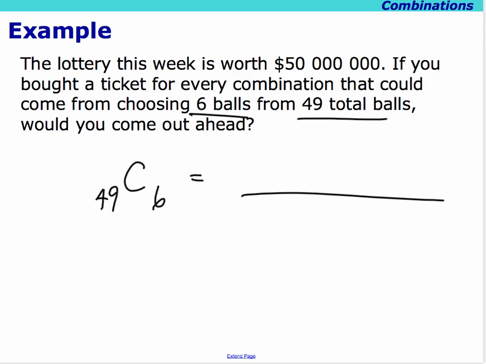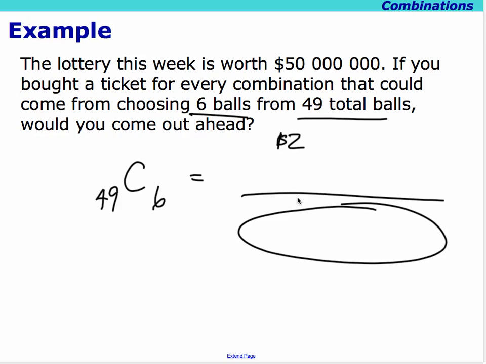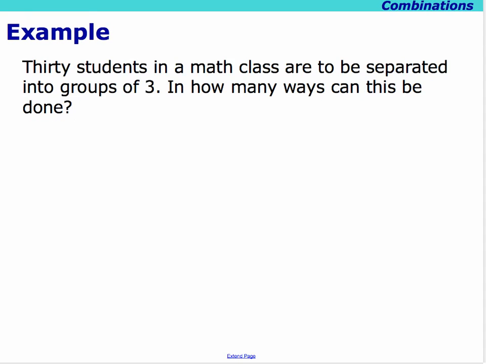And if your ticket costs $2 each, you do this on your calculator, then just times it by 2, and that'll tell you the total amount of money you'd have to spend in order to for sure win. I guess one of the problems would be if somebody else had the same combination of numbers, and you'd have to split your prize.